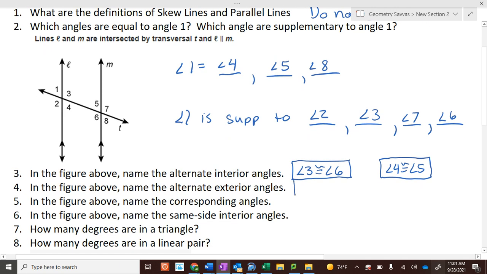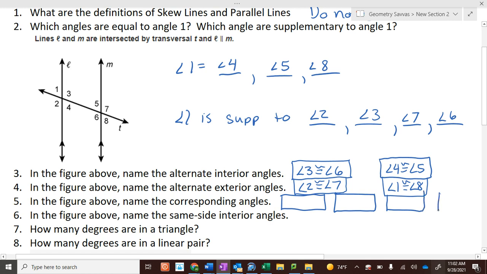What two are the alternate exterior angles? 2 and 7 are alternate exterior. 1 and 8 are alternate exterior. How many sets of corresponding angles do you think we have? 4. Very good.